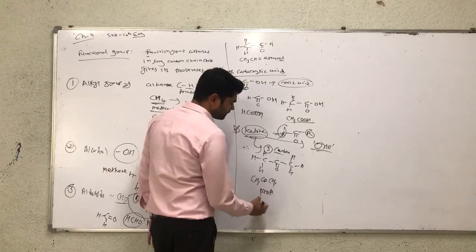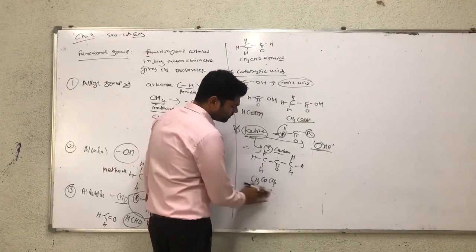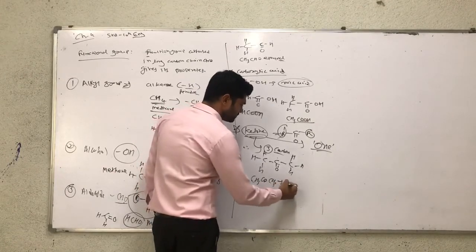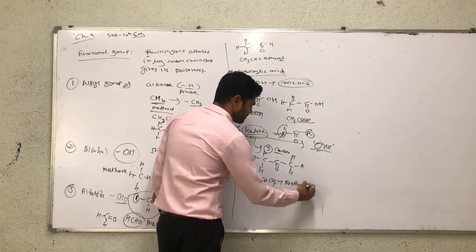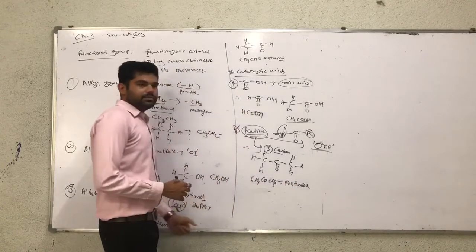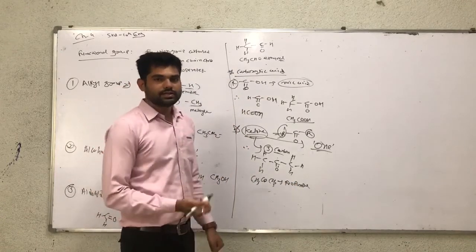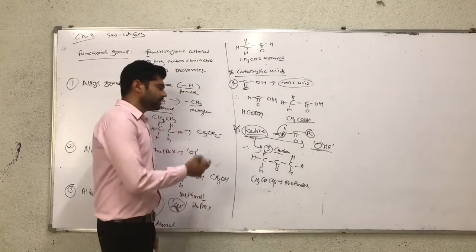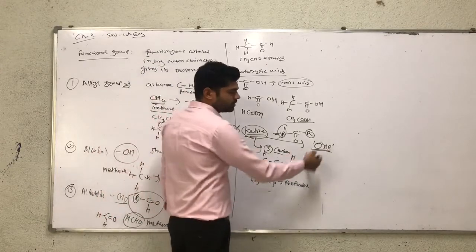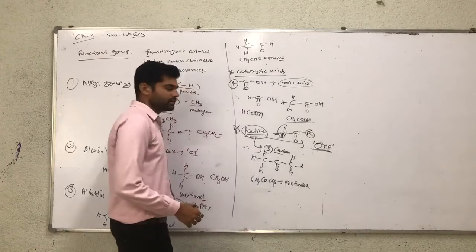Another common name of propanone is acetone. In a similar way, 5 carbon is pentanone, hexanone, heptanone. We use the suffix ONE with a long hydrocarbon chain.